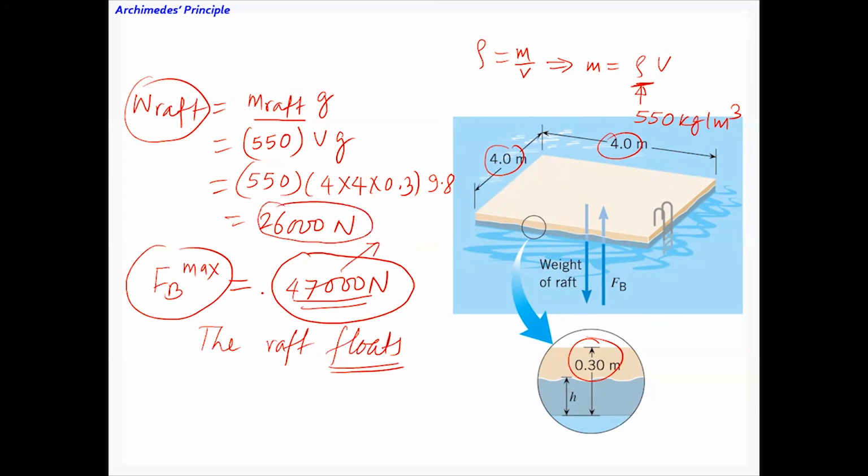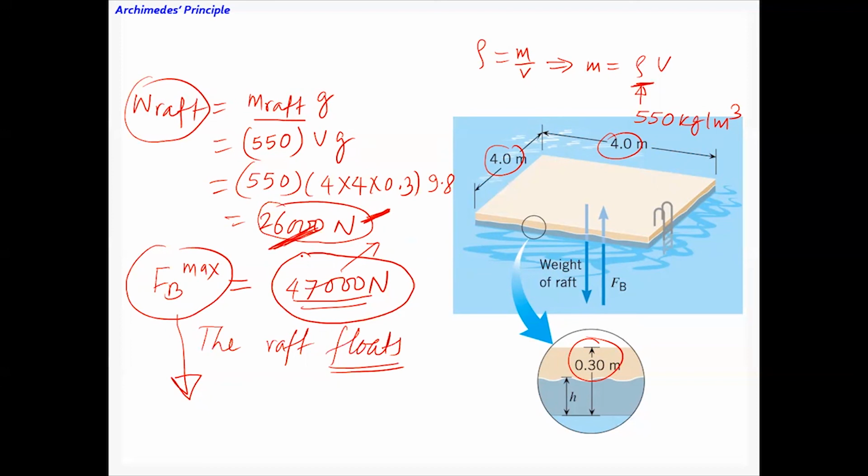It means the entire raft does not have to be submerged in the fluid, because when the entire raft is submerged, then you get the maximum buoyant force. Since we need only this much, the raft does not have to be completely submerged, okay? So it has to submerge in such a way that it can offer this much force.